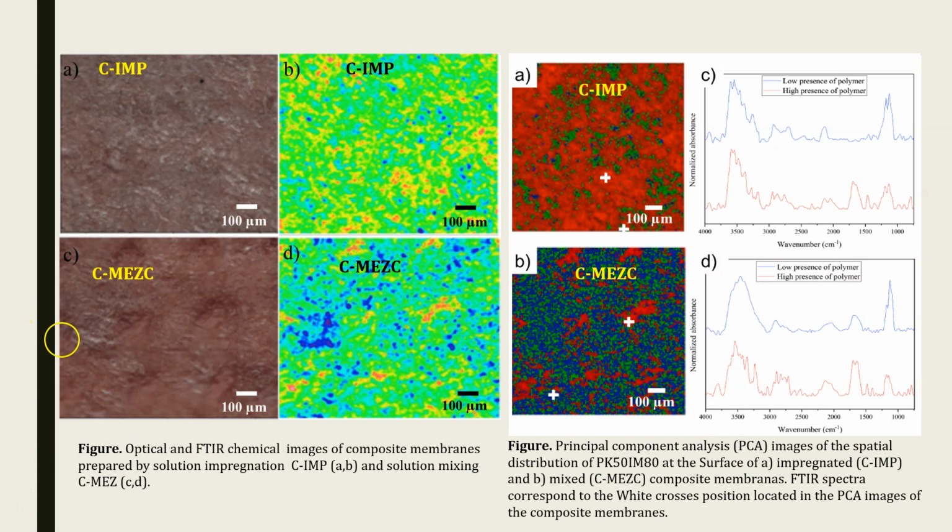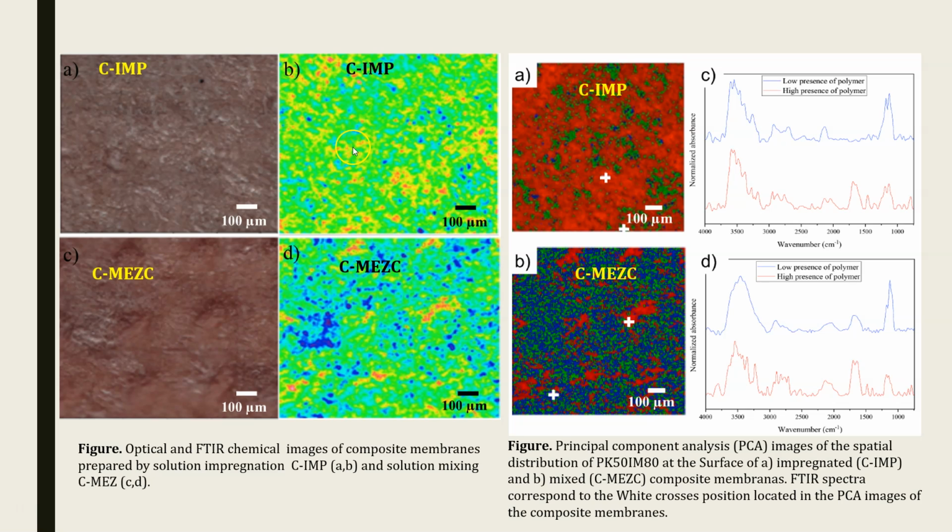Now, to study the distribution of pK15 on the surface of the composite, optical and chemical images were obtained. In this, it was possible to see that the presence of pK15 is more homogeneous in CMP due to the large presence of green pixels, unlike CMS, where there is a big presence of blue pixels, indicating less polyketone on the surface.